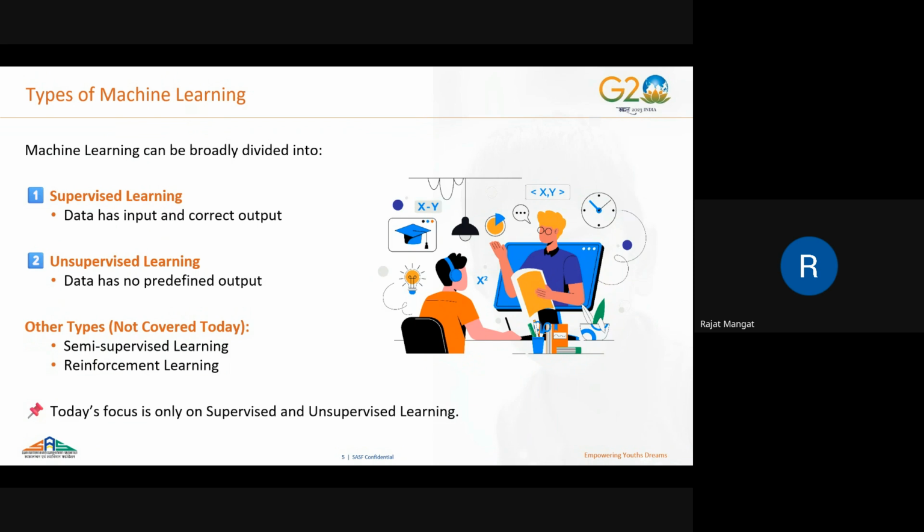In supervised learning the data has input and correct output; in unsupervised learning the data has no predefined output. We will talk about this in detail in the upcoming slides. Other types that we will not be covering today are semi-supervised learning and reinforcement learning. We will be focusing on supervised and unsupervised learning.